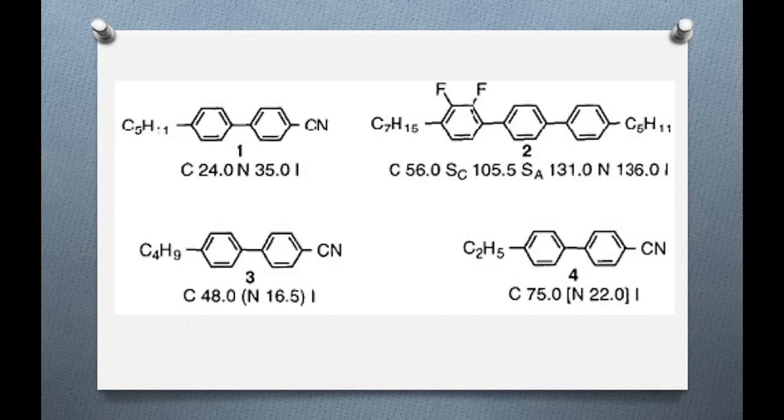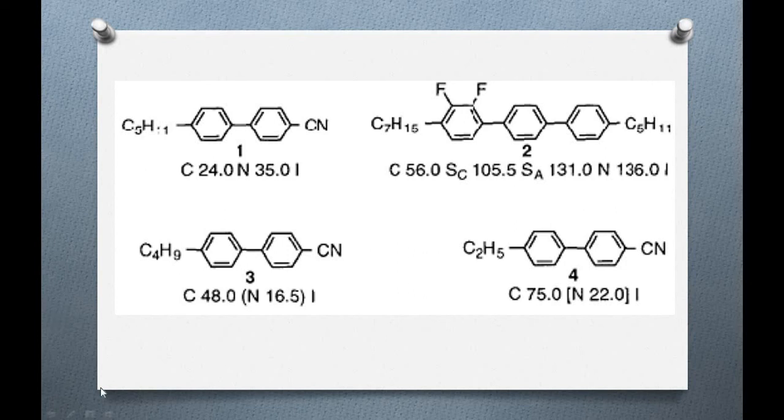So for example, let us look at these compounds that we have. Let us just call them compound number 1, 2, 3 and 4. Okay, these are all nematogenic materials. These are all materials that give rise to nematic liquid crystals, and they are used in liquid crystalline displays. So here I have some notations written, right?